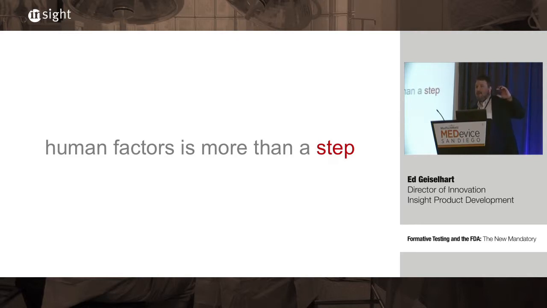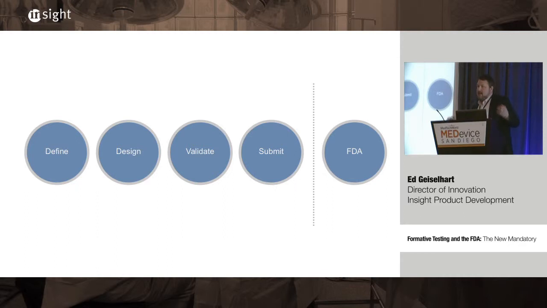Let's just understand what is human factors. Because even the idea around usability, which is defined by human factors, can be somewhat of a mystery for medical device developers. Traditionally, human factors tends to crop up around the time when you're validating something as part of your submissions. And one of the key components here is that human factors is not a step.